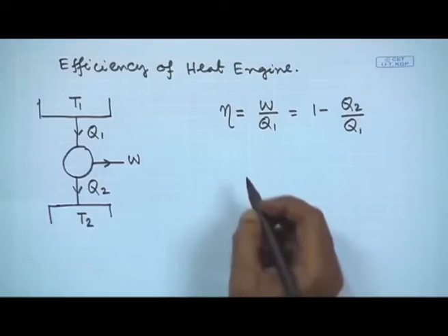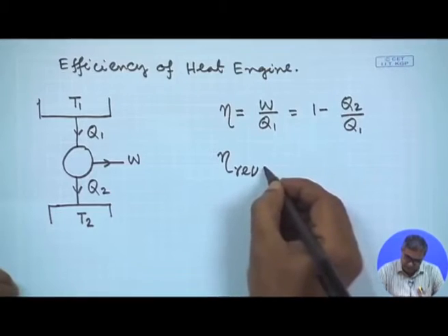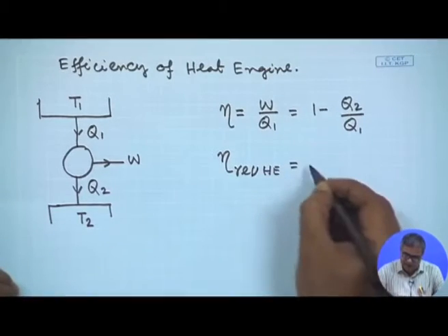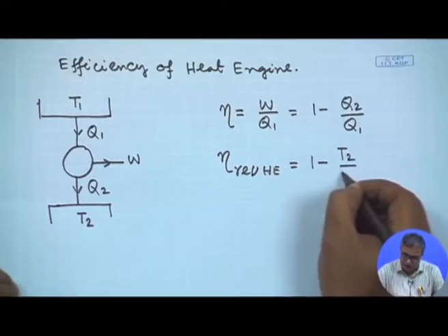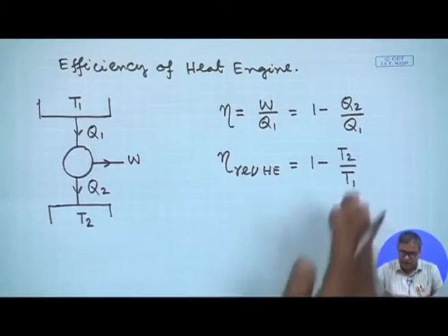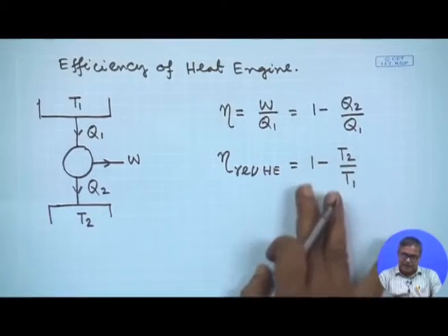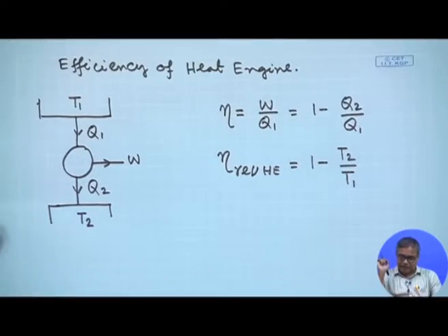It can be shown with some sort of logic that the efficiency of a reversible heat engine can be expressed as 1 minus T2 by T1, where T2 is the sink temperature and T1 is the source temperature, but these are absolute temperatures, or temperatures according to the thermodynamic scale. This is a very important consequence of the second law of thermodynamics, that for a reversible heat engine we get 1 minus T2 by T1 as the efficiency.